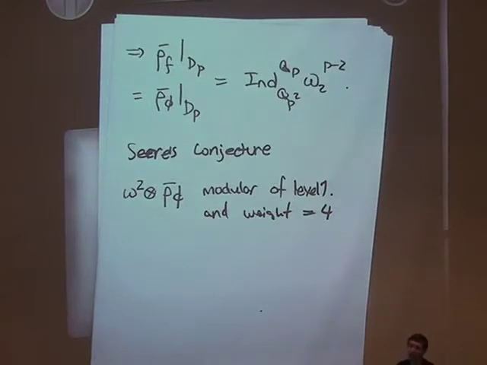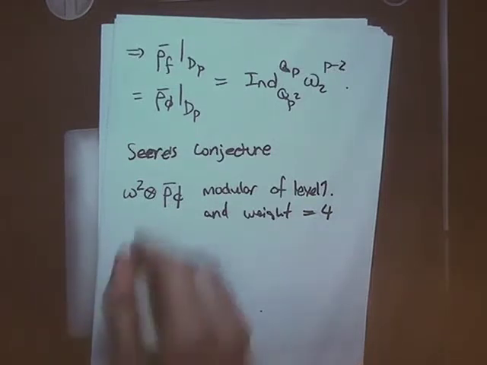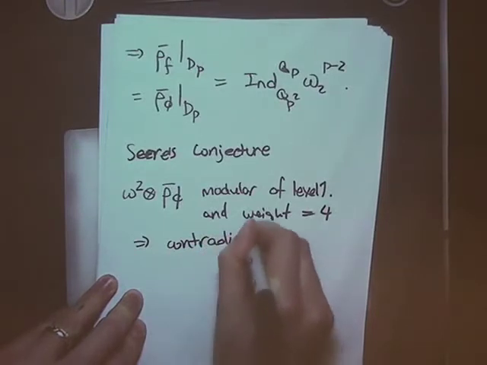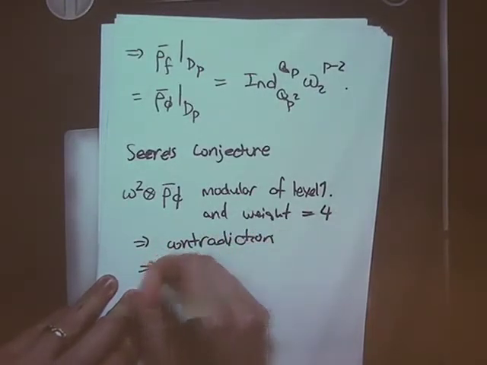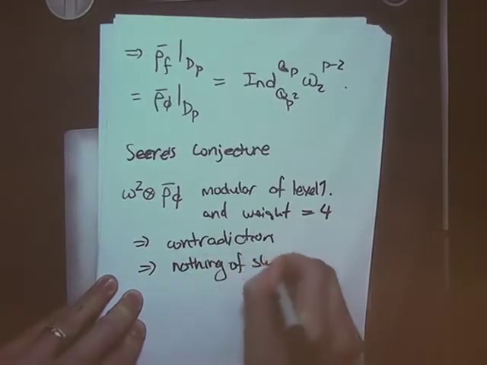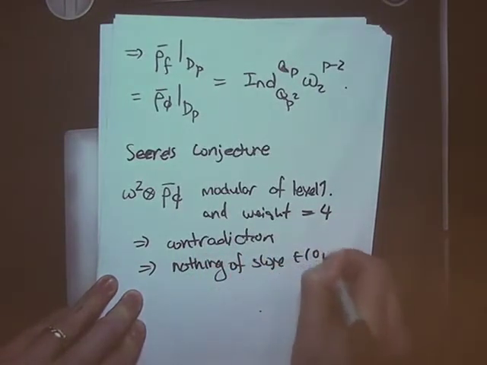So if you have something of slope between 0 and 1, and you look at the corresponding representation rho bar, by Serre's conjecture, you can trace where it actually has to turn up, and it has to be a modular form of level 1 and weight 4. Well, we all know that there aren't any such modular forms of weight 4 that are cuspidal, and since rho bar is irreducible, that says that this is a contradiction, and therefore, that's the proof of the lemma. So nothing of slope in the range 0 and 1.